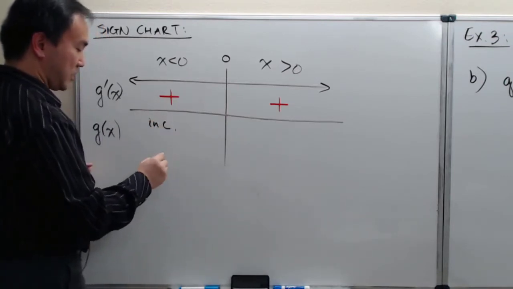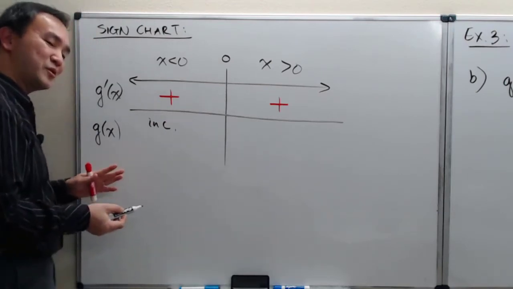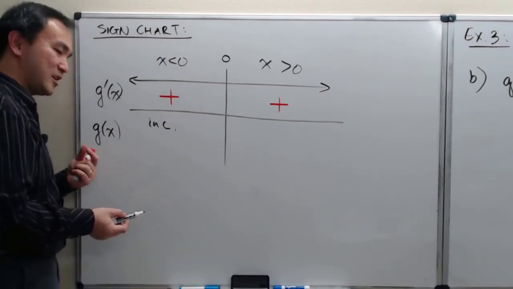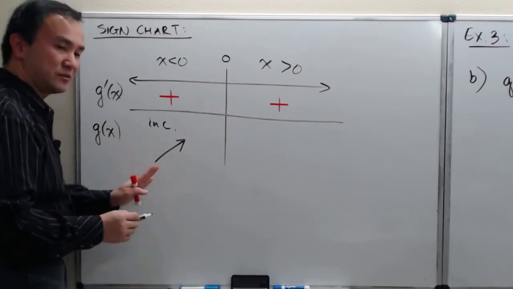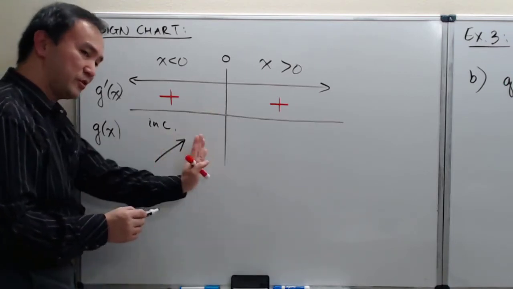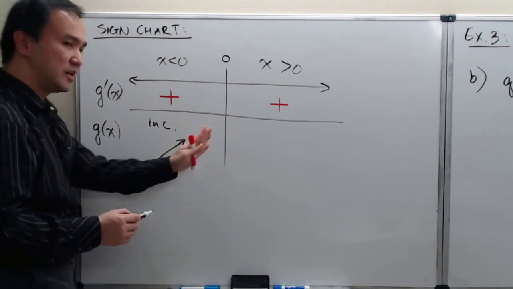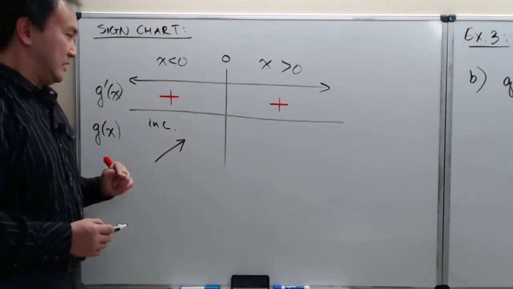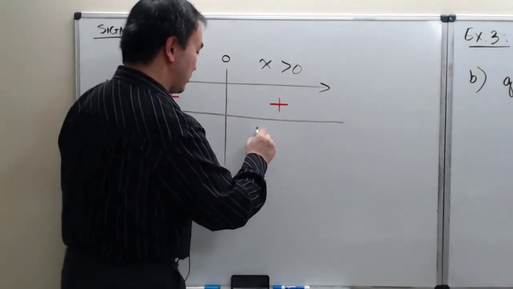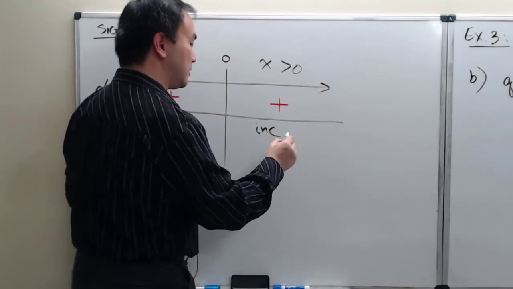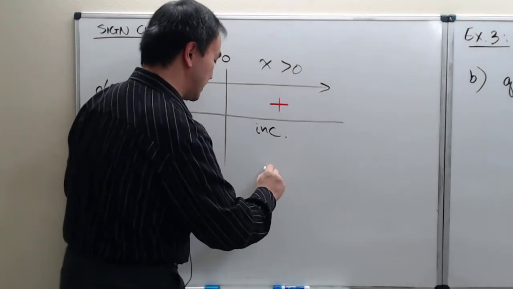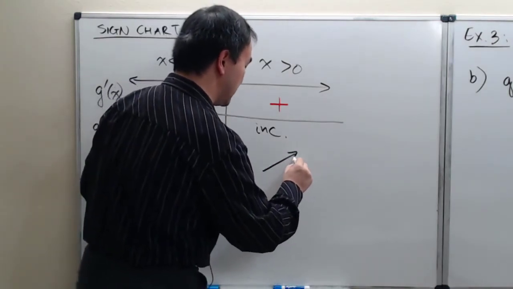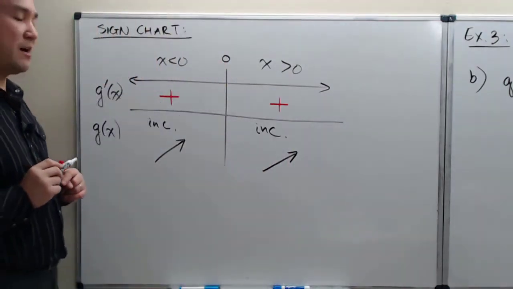Following the notation I introduced in part A, I'm using this rising arrow from left to right to indicate that our function is increasing. In this next interval, the function is also increasing, so I'm using another arrow pointing up like that.